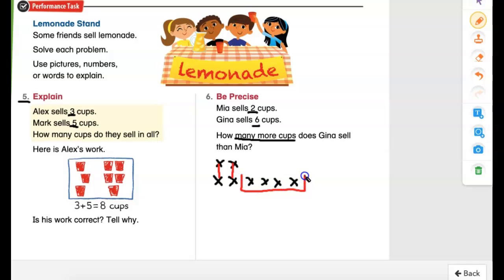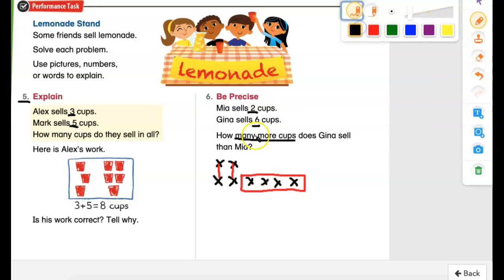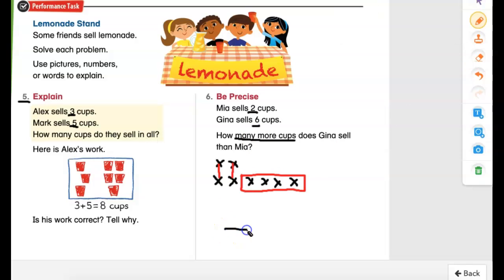But Gina still has all of these cups right here. So how many cups in my rectangle are left? Once you figure out that number, we are going to write the subtraction problem at the bottom.